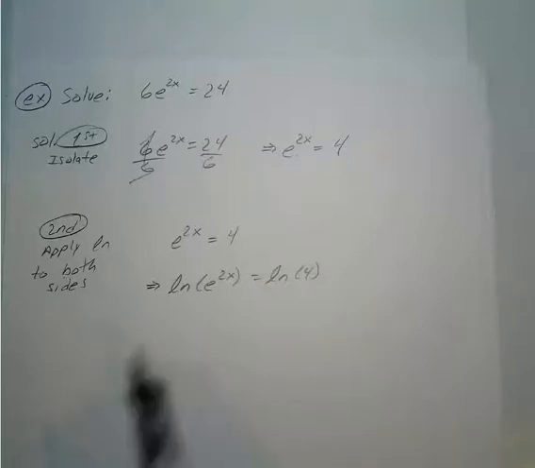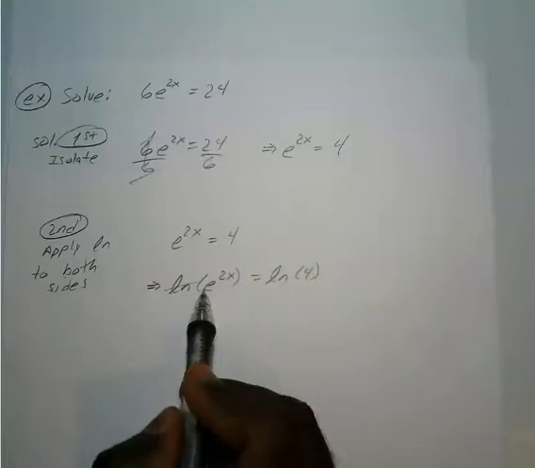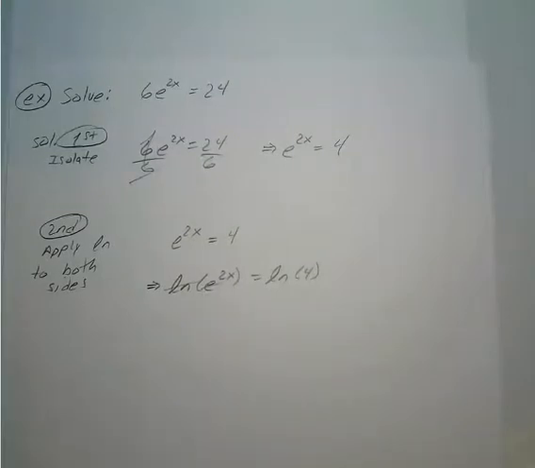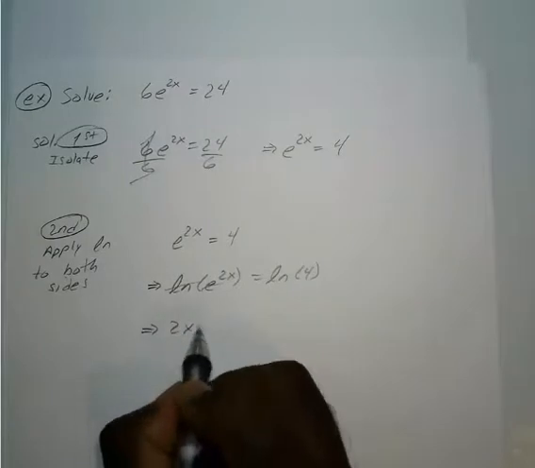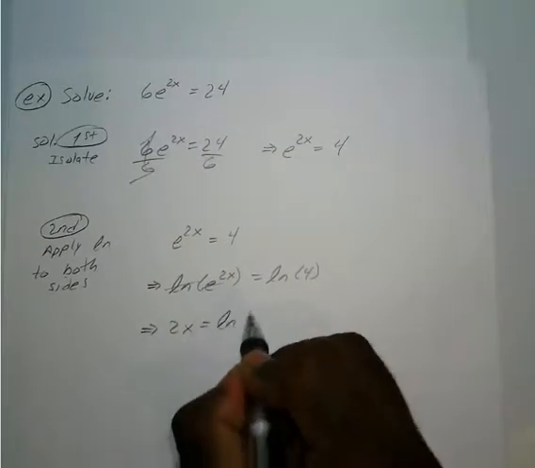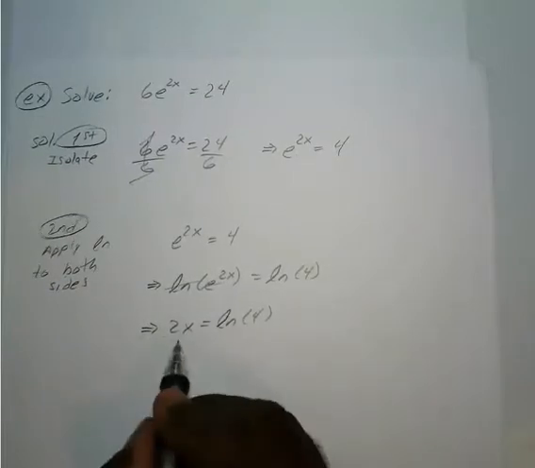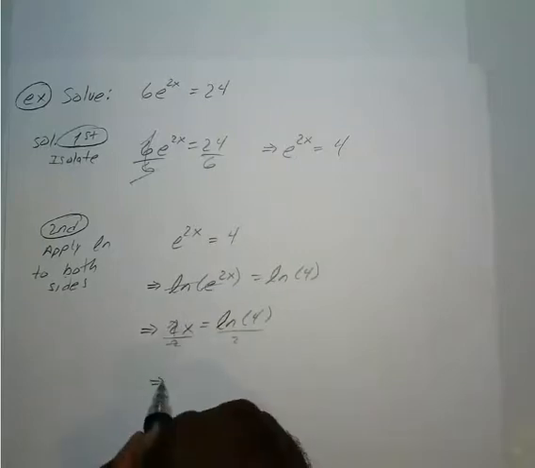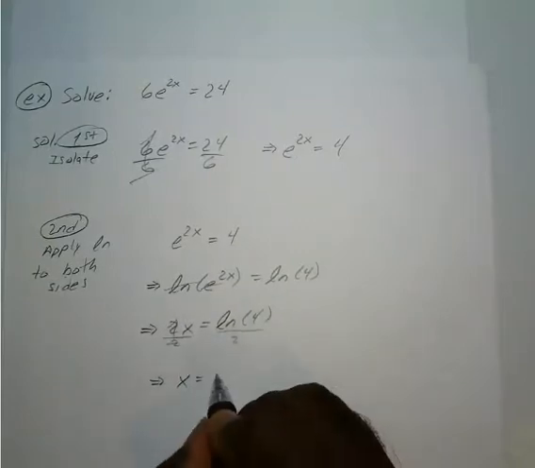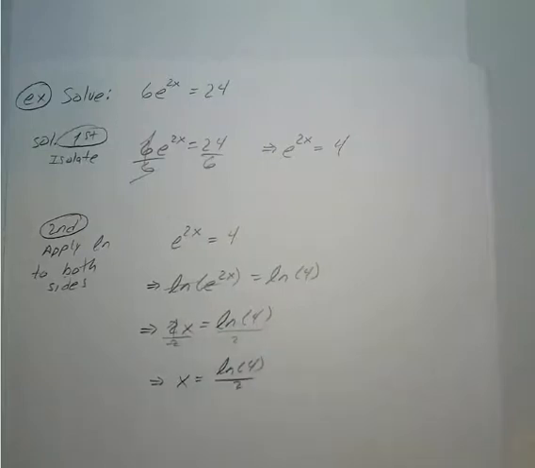Now if you remember, we have natural log of e to the whatever, the natural log and the e cancel each other out. So you're left with 2x equals the natural log of 4. If we want to solve for x, we divide both sides by 2. So we have x equals the natural log of 4 divided by 2.